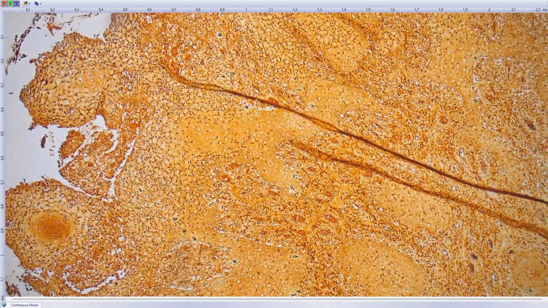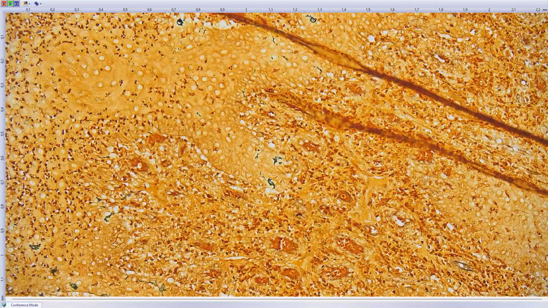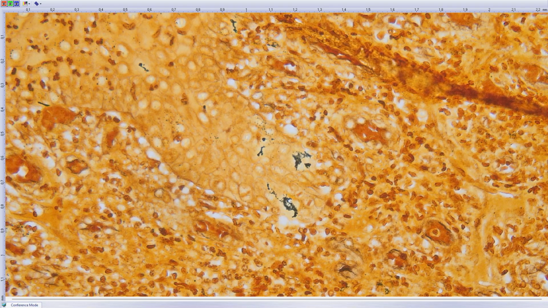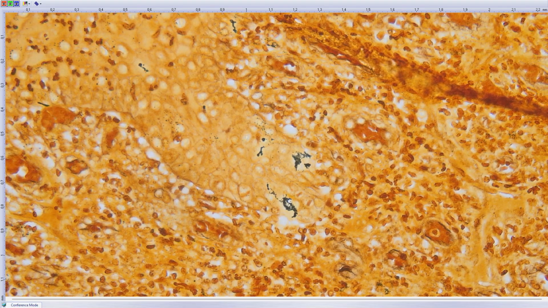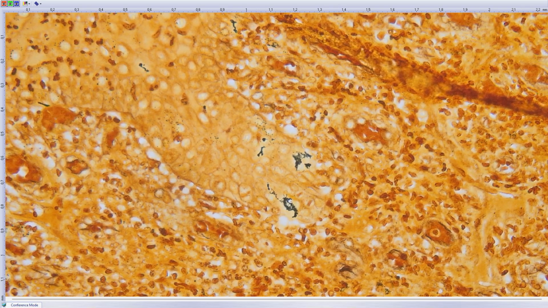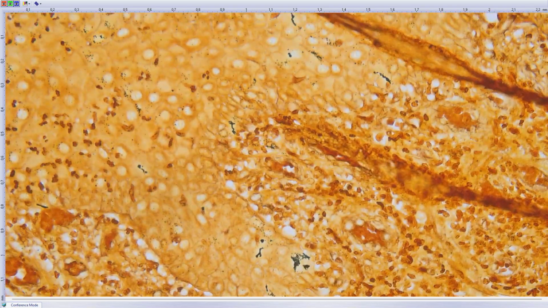So I will show you silver staining, which is positive, but you will not find the nice spirochetes like in the textbook, probably because the bacteria are degenerated and fragmented. So based on this silver staining, I would not be able to make the diagnosis. Immunohistochemistry is very good to do, and you can do molecular testing as well. So, condyloma latum.